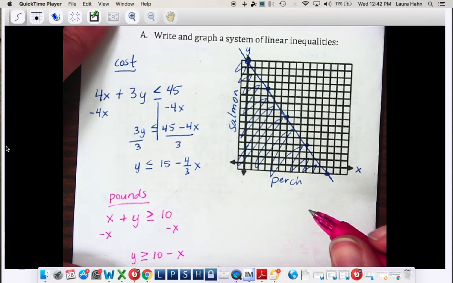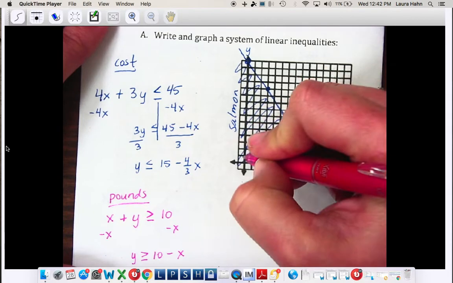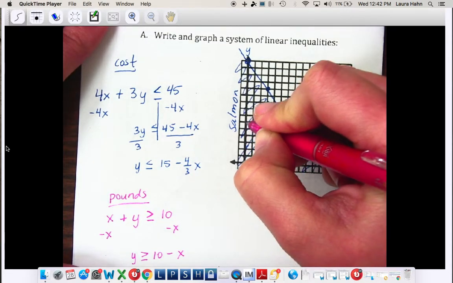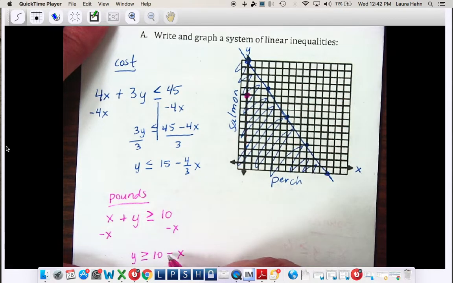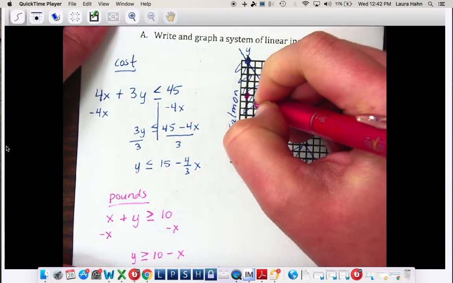All right, my y-intercept is 10. My slope is a negative 1. That's going to be down 1, right 1.